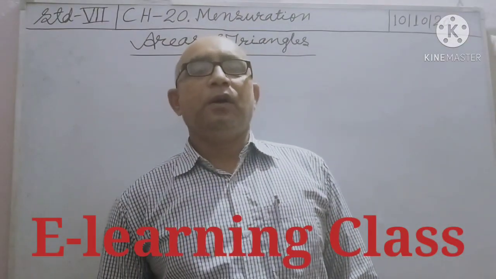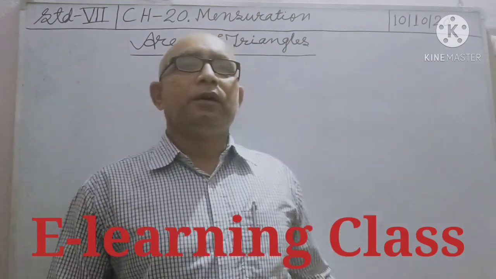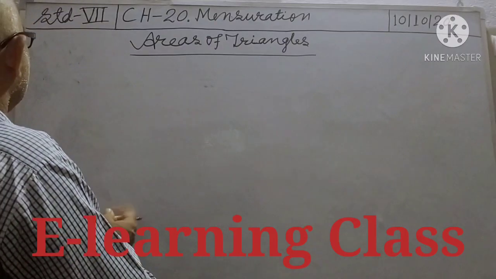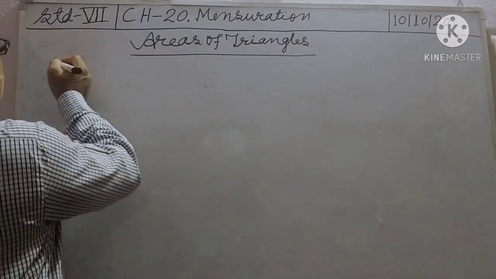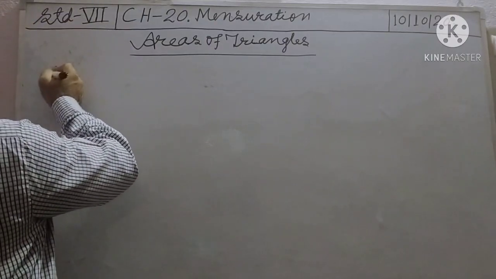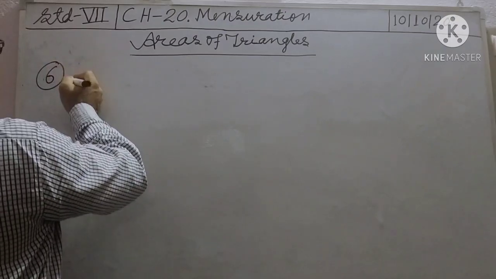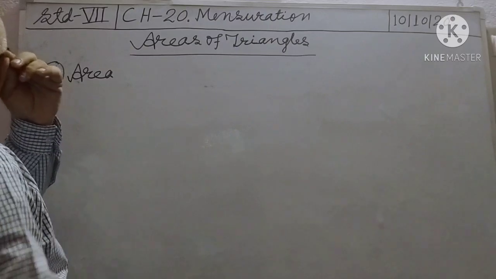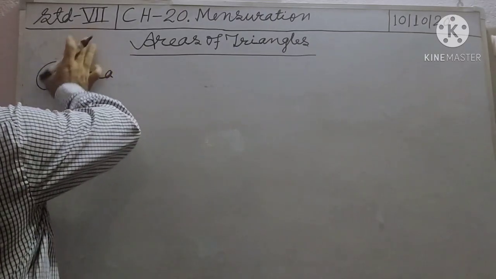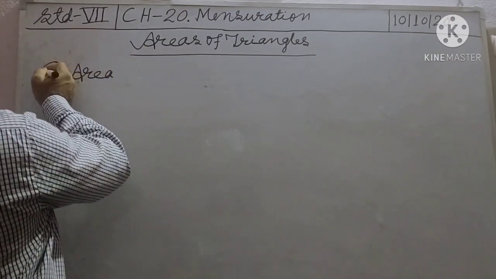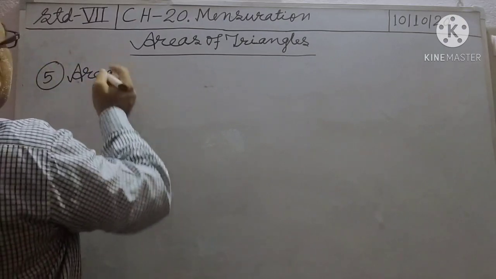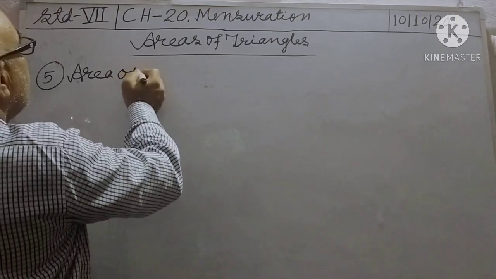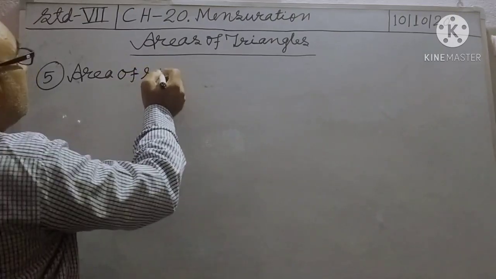Students, now formula of different types of triangle. Formula number 5. Area of a right triangle.